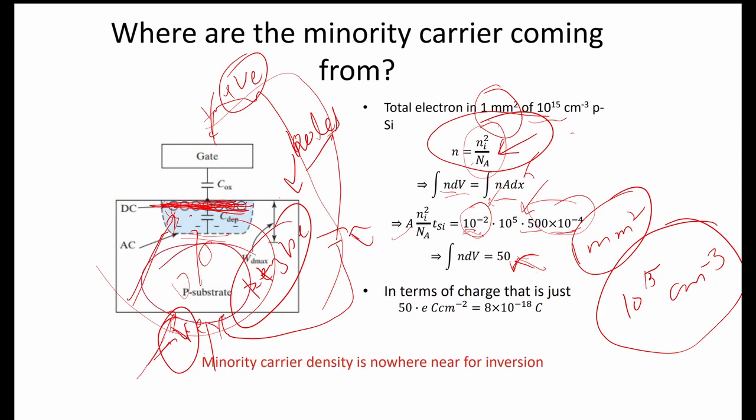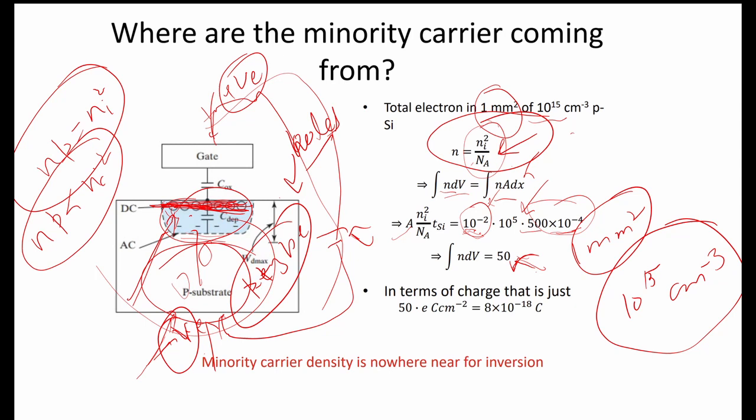Okay, but what we have seen is, in this region what we have is NP. At equilibrium NP is equal to Ni square. But as we have seen in the generation and recombination case, if NP is less than Ni square, what will happen?